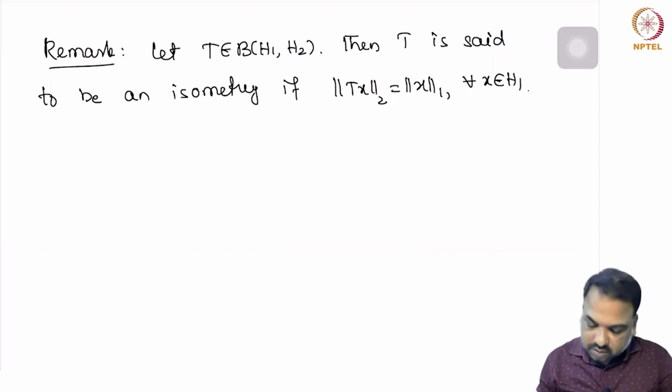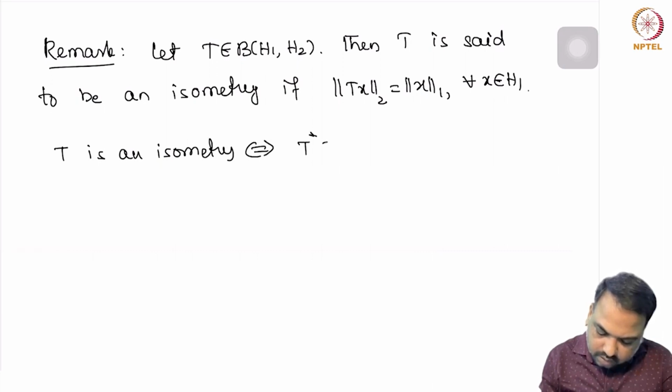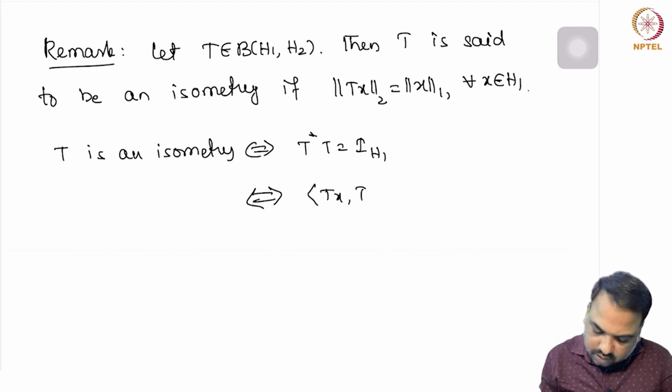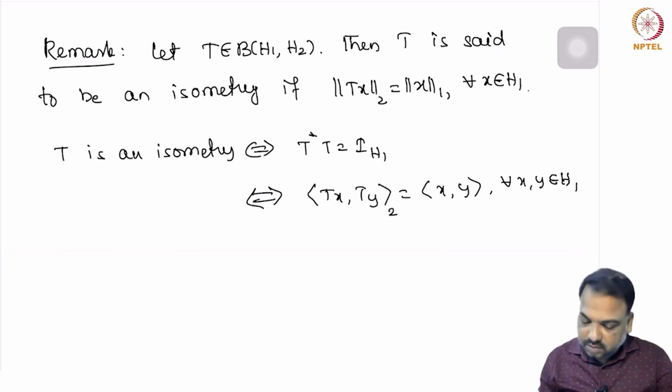So in this case we can show that T is an isometry if and only if T star T is identity on the Hilbert space H1, and that is if and only if inner product Tx with Ty is inner product x with y for every x, y in H1. This is the inner product in the second Hilbert space, and this is the inner product in the first Hilbert space.